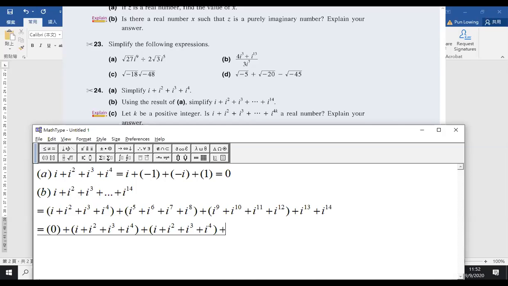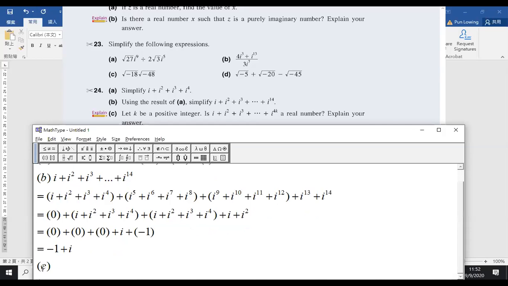And then i^13 is i^1, and i^14 is i^2. So it should be equal to 0 plus 0 plus 0 plus i plus negative 1. It should be negative 1 plus i. So this is part B.